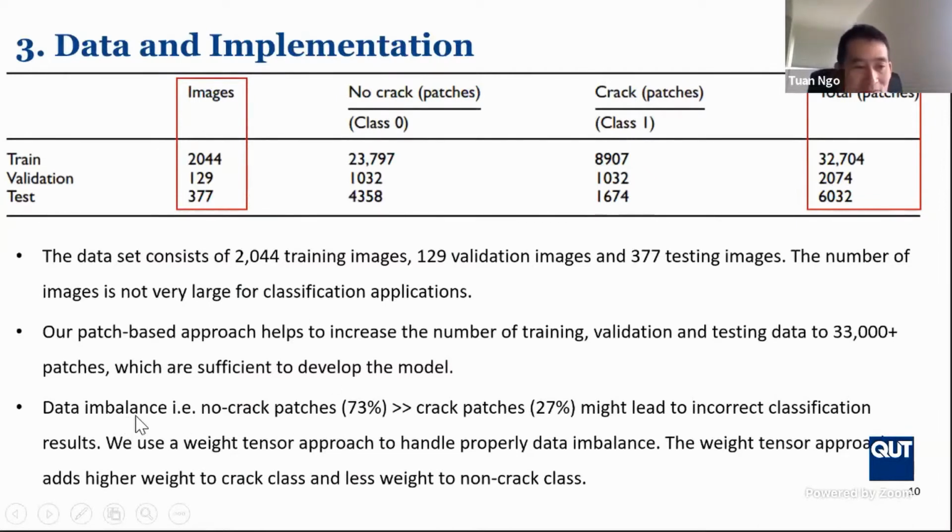The data imbalance is also important, because out of those images, 73% have no crack, and only about 27% have some cracks in them. So we use a method we call a weight tensor approach to look at how we can weight between crack and non-crack images.